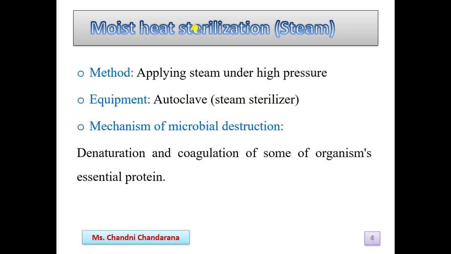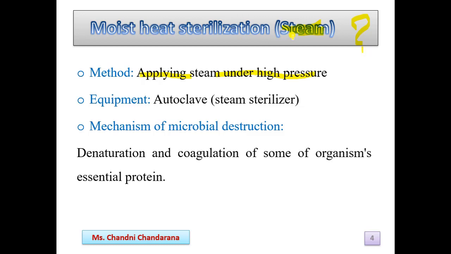So the first process is moist heat sterilization. The other name of this kind of sterilization is steam sterilization. Why is it known as steam sterilization? Because in this method we apply steam under high pressure.